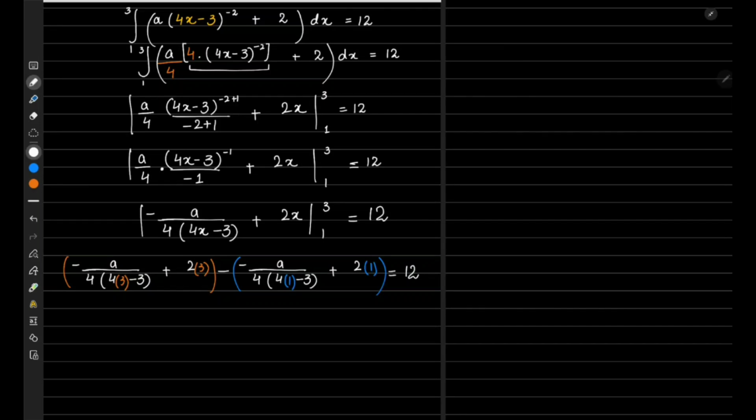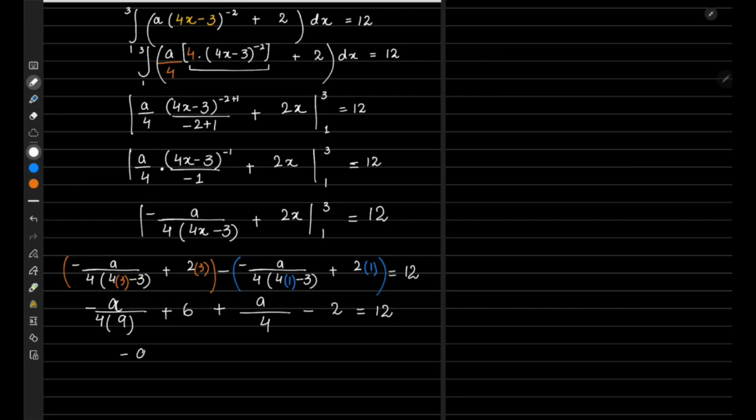So this gives you minus a over 4 times, 3 times 4 is 12, 12 minus 3 is 9, plus 3 times 2 is 6, plus minus is a plus, so plus a over 4 times (4 minus 3), 4 minus 3 is 1, so a over 4, minus 2, equals 12.